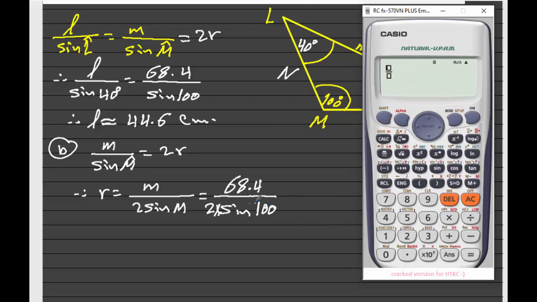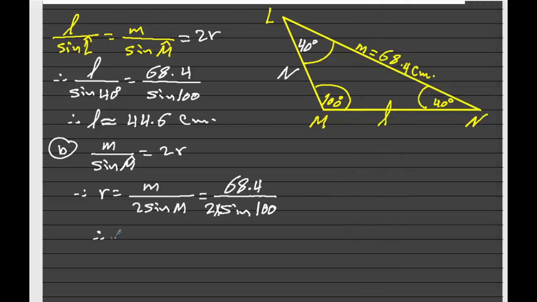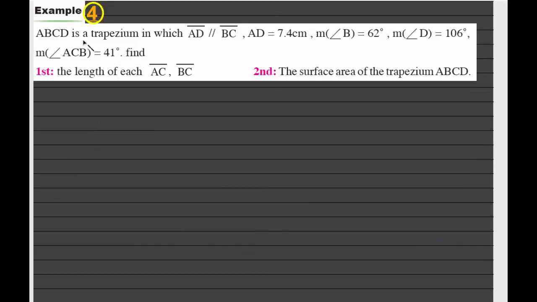We write 68.4 over 2 multiply sine 100 equals 34.727 approximately. So R equals approximately 34.72.